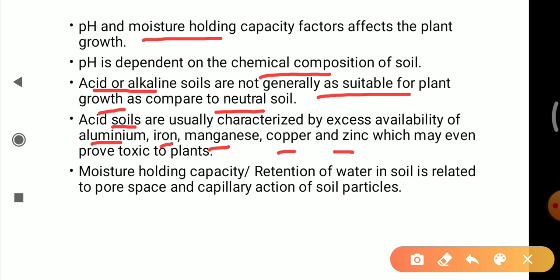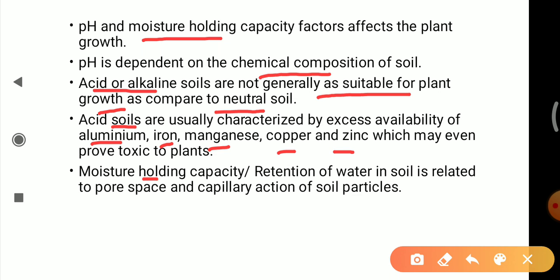But due to the excess availability of these ions, the soil becomes acidic, and it is not suitable for the growth of the plant. They can even prove toxic to the plant. This we have discussed about pH.